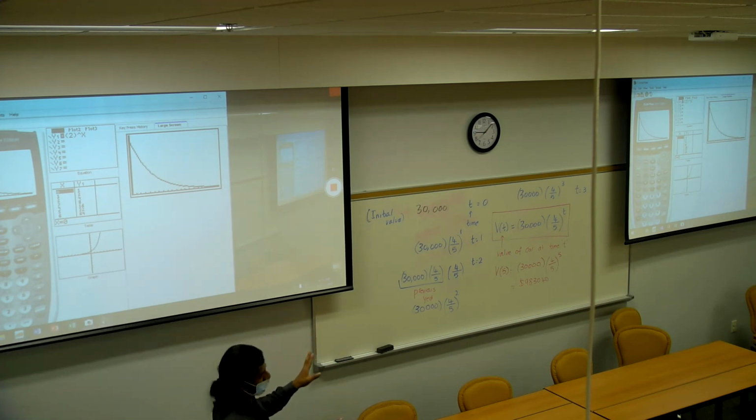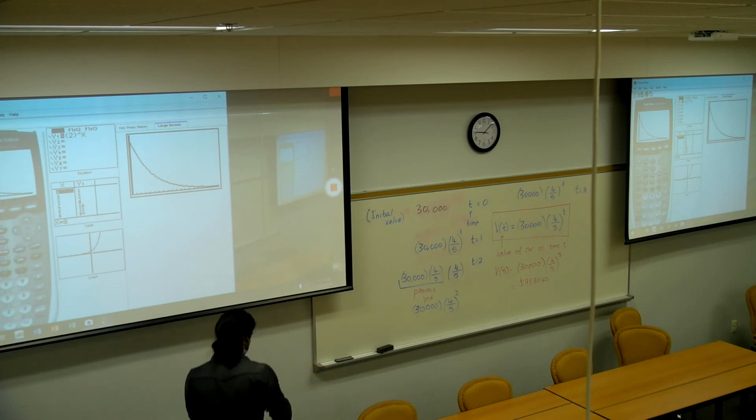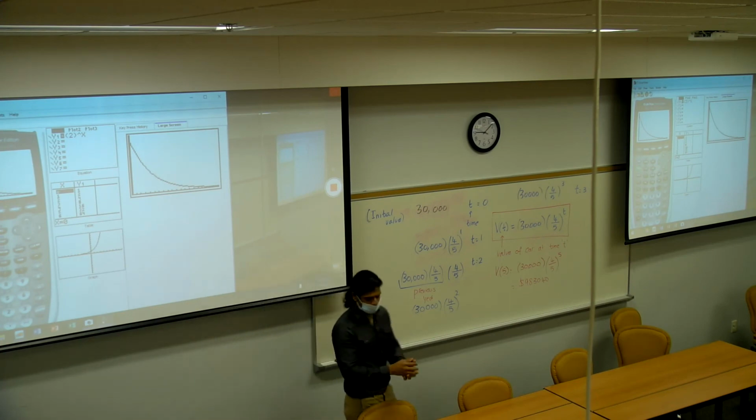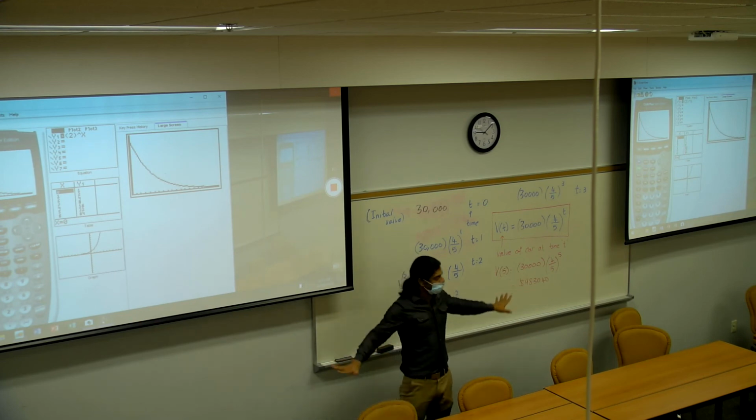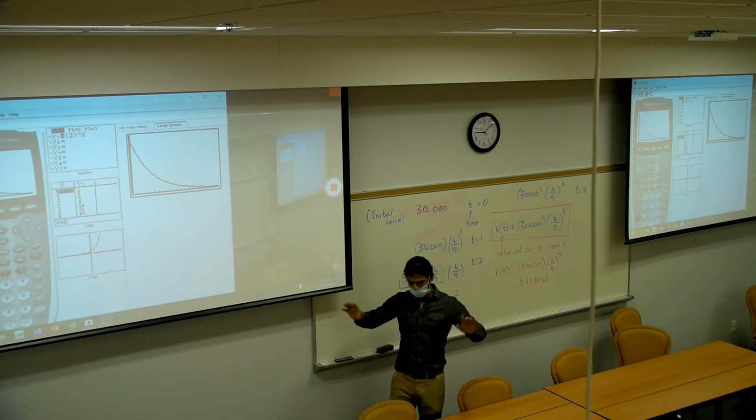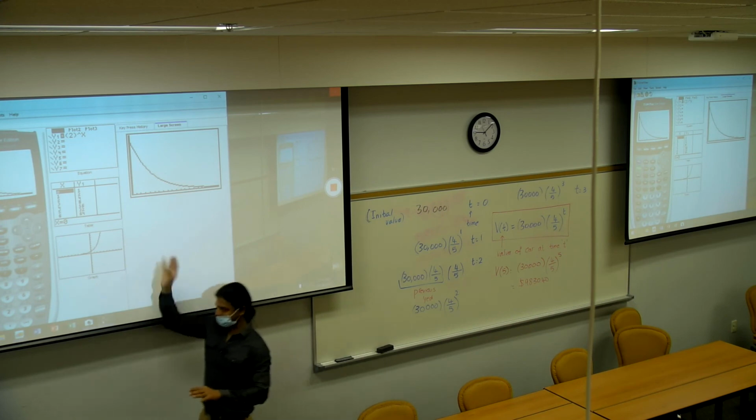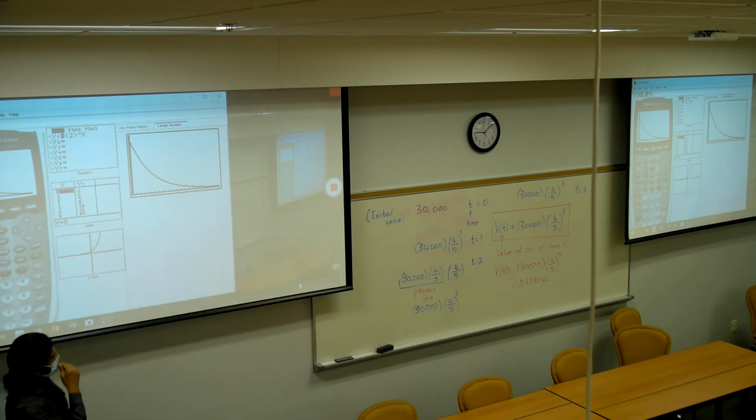There are several external factors that are involved in selling the car. Maybe you can't make the payment, you have some issue come up. But excluding all of those factors, if you want to base it just on this depreciation curve, when is a good time to say, okay, I don't want this car anymore?